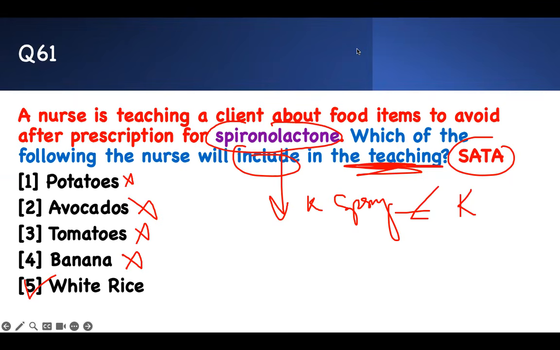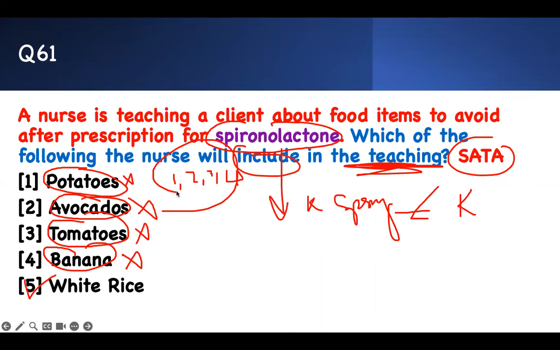So the right answer is: don't eat potato, don't eat avocado, don't eat tomato, and don't eat banana. So the right answer you're going to pick is 1, 2, 3, 4 should be included in the teaching. I know sometimes it's confusing.